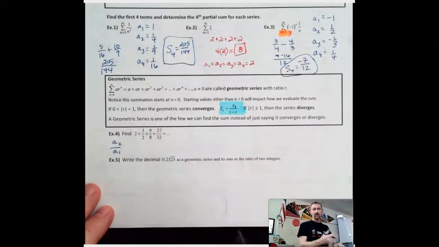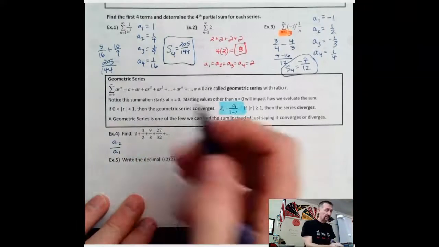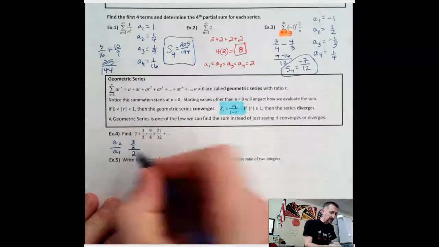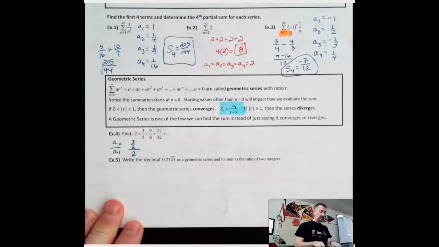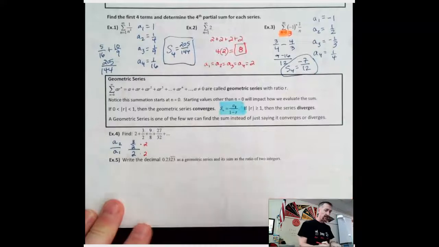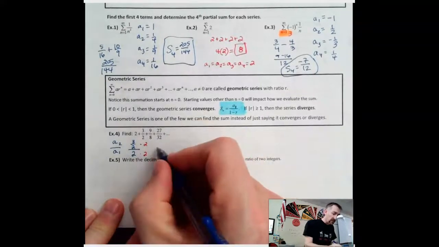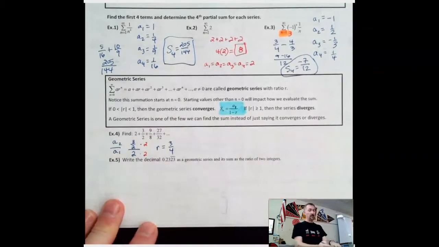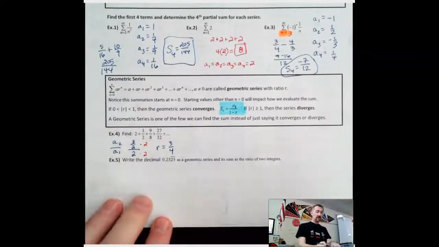Because if you have a common ratio, that's what it's going to be. So if we take 3/2 divided by 2, that's a complex fraction. So I'm going to multiply by 2/2, and that's going to give us 3/4. So r equals 3/4. We're multiplying by 3/4 every time.